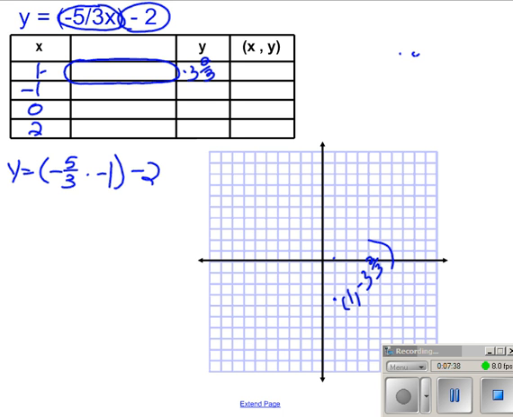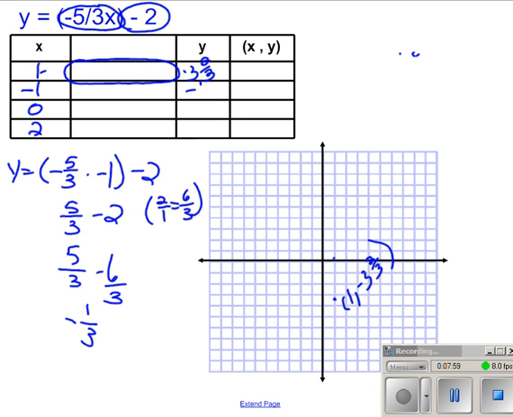When I do that, I get a positive. I'm going to subtract that once again. Took my 2 over 1 and equaled it to 6/3. So I have 5/3 minus 6/3. If I do 5/3 minus 6/3, I'm going to get a negative 1/3. So here I have negative 1/3. I do a negative 1, negative 1/3. I'm going to get a point about right there. Okay?